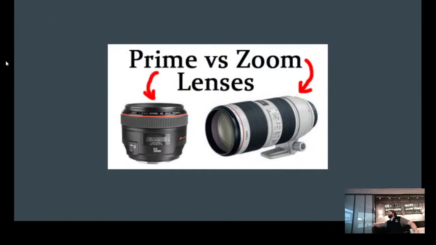Prime versus zoom. Prime lens, you get the lower aperture numbers, the singular numbers. Better blur on photos, better background to foreground association. Downside to prime lenses, you got to move around in order to get the composition that you want. Zoom lenses, downside, they can't go any lower than 2.8, and even at 2.8, it's a very expensive lens that you're looking at.